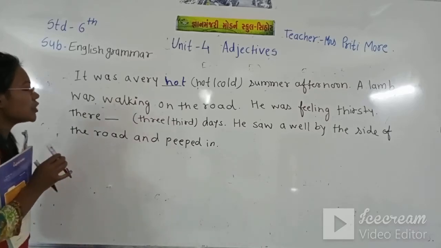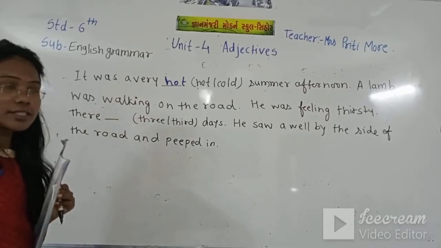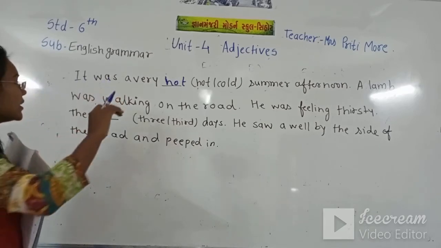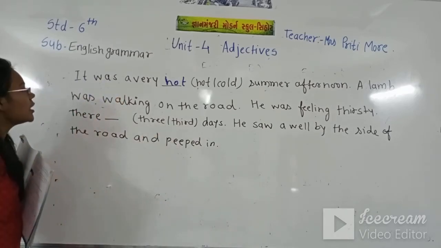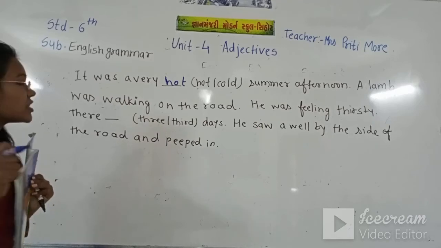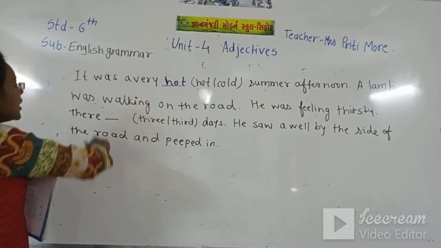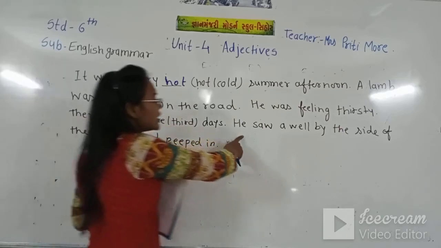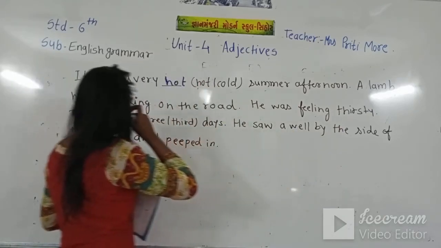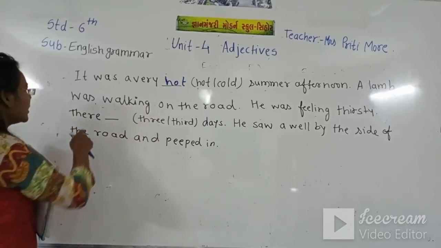A lamb was walking on the road and he was feeling very thirsty. The lamb was very thirsty and he was walking on the road, because it was a hot summer. Then blank space options are there, and these two options are there: days, full stop. He saw a whale by the side of the road and peeped in.